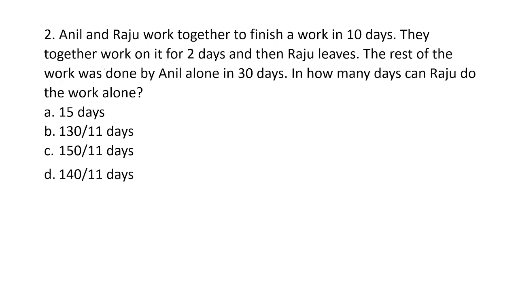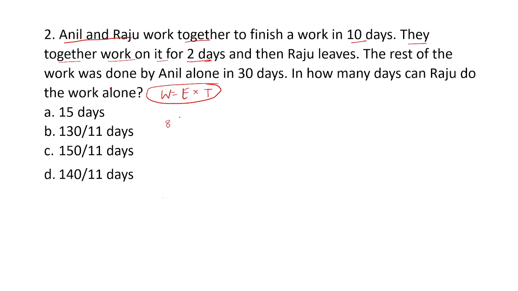Here also, guys, just remember work is nothing but efficiency into time. Clear? Fine. Let's say it is given that Anil and Raju together finish in 10 days. They work on it together for 2 days. That means 2 days of work has been completed, right? How many days of Anil and Raju's work is pending? 8 days, right?